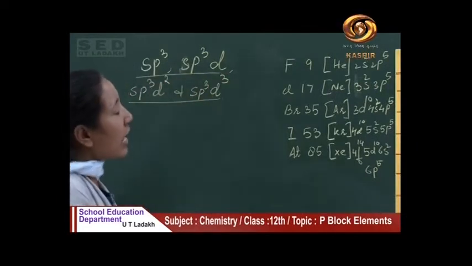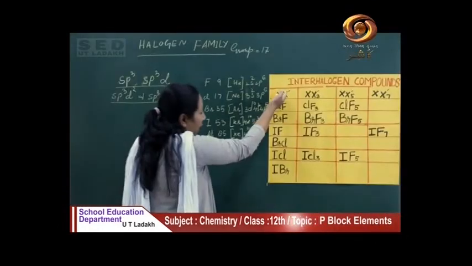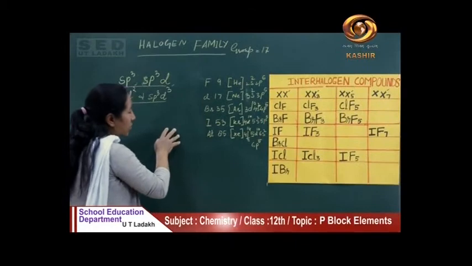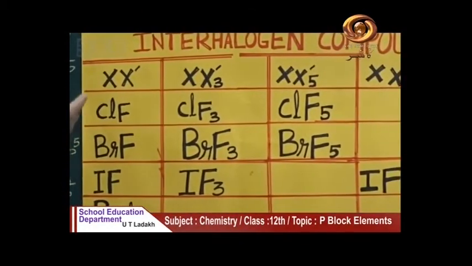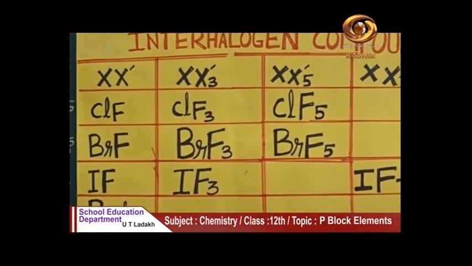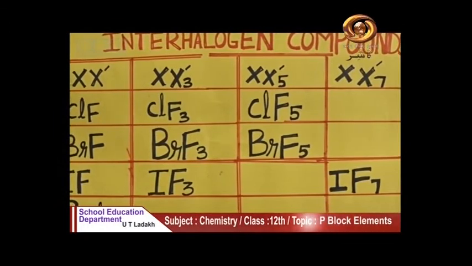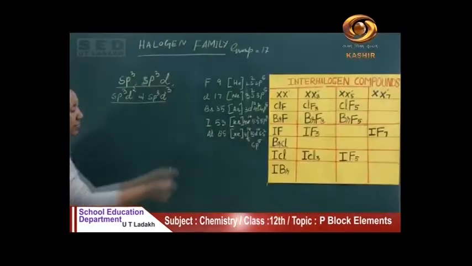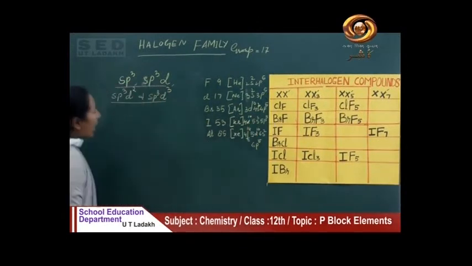Now I will explain very carefully with the help of this structural arrangement or hybridization all the types. There are X X dash, X X dash 3, X X dash 5 and X X dash 7. First I will take a simple example, that is ClF.